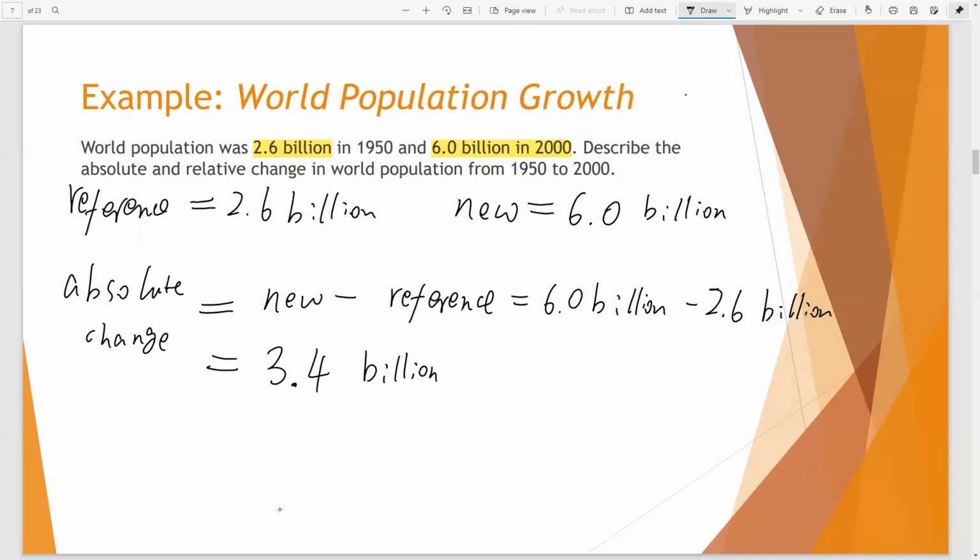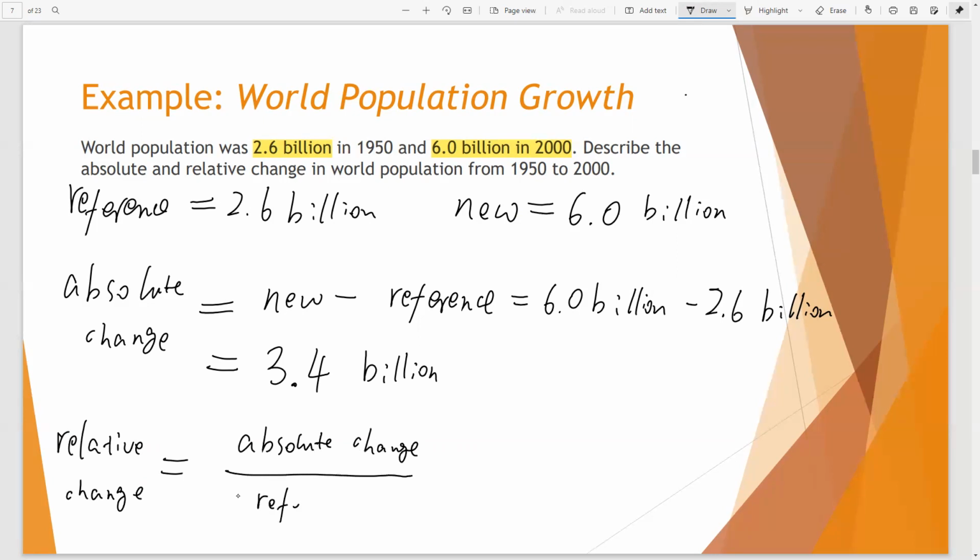Which means it increased by 3.4 billion from 1950 to 2000. Right. And then the relative change is, oh, we found the absolute change already. So that's the absolute change divided by the reference value.